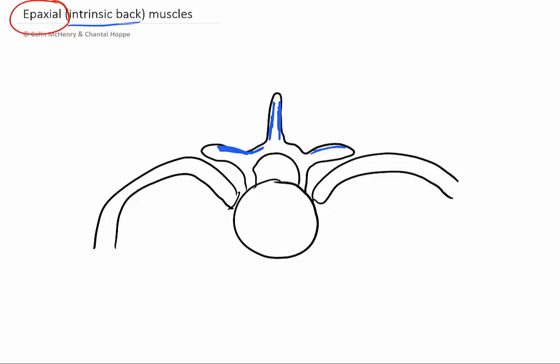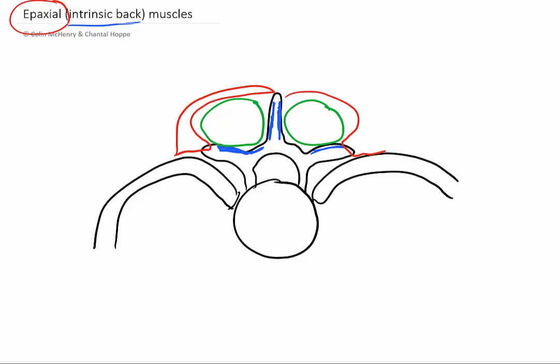They're very deep, they're very short. The intermediate layer are the transversus spinalis group. They sit just about in here, and then the more superficial ones are the erector spinae group, and they sort of sit somewhere around there.